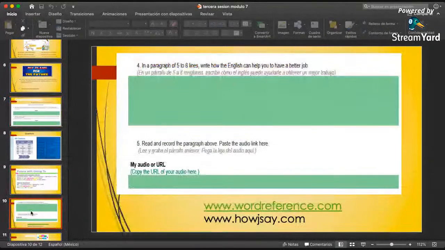Then, in a paragraph of 5 to 8 lines, write how English can help you to have a better job. It is very important to write a complete paragraph, and not only 1 or 2 sentences. If you use the online translator, please be sure to also use an online dictionary to check the words.